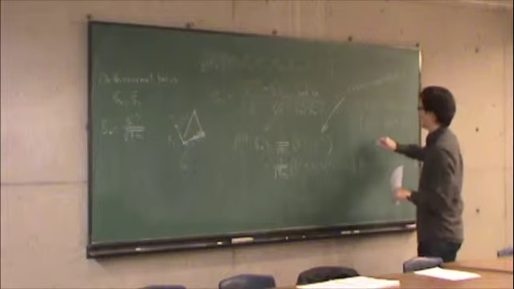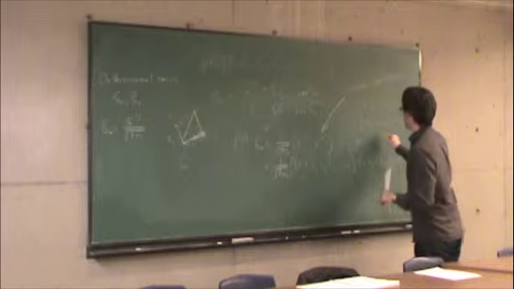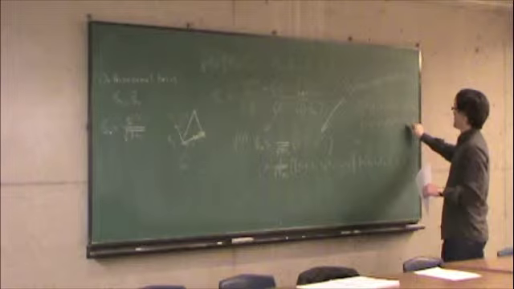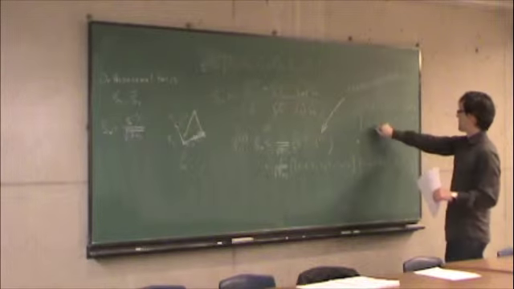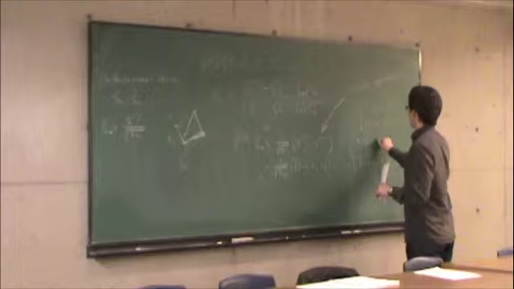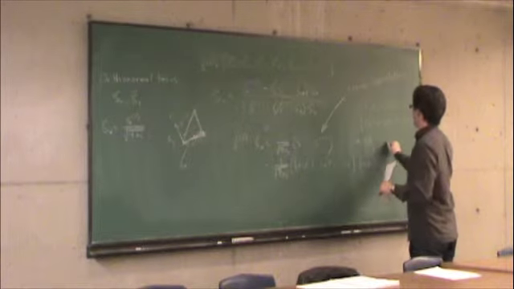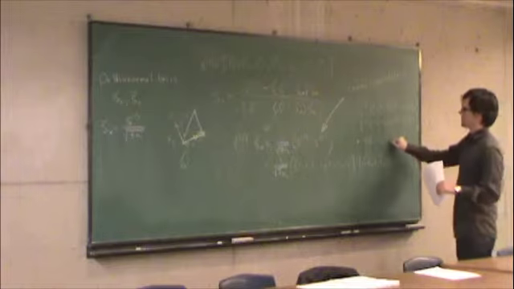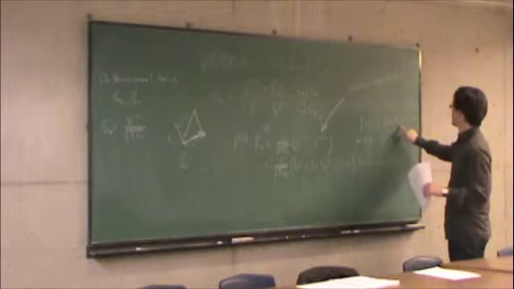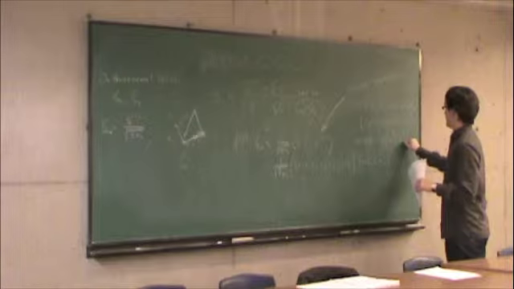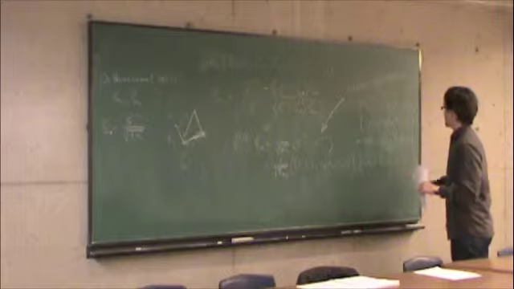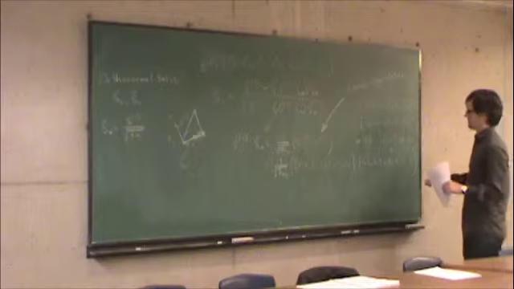So I have 1, 2, 3, 4, C1 dot C0. Plus, how many C1 dot C1? 2. Plus, how many C0 dot C0? 1.